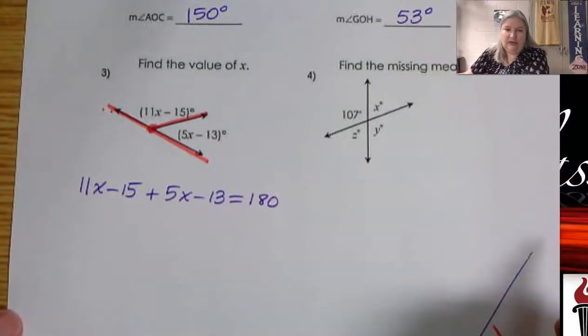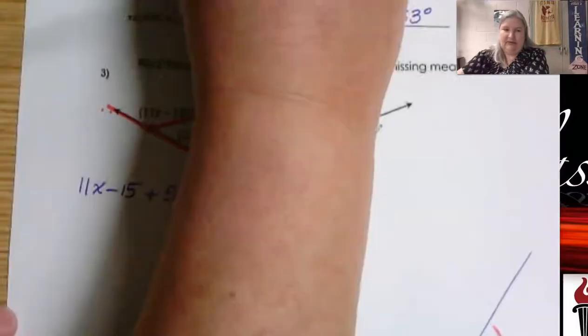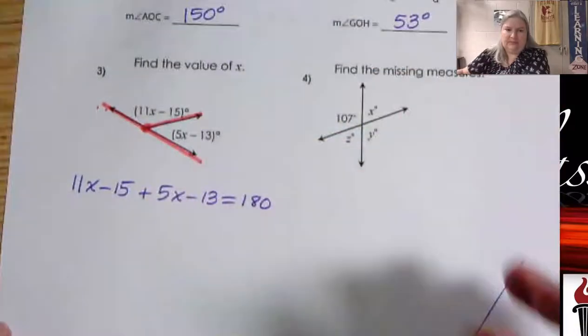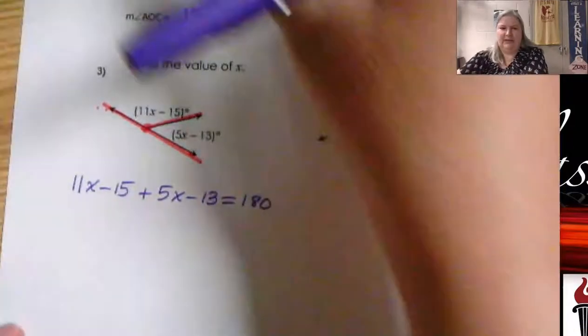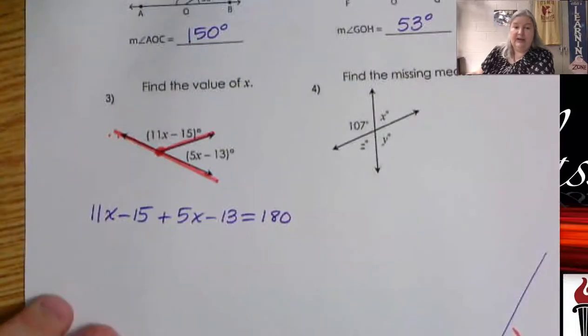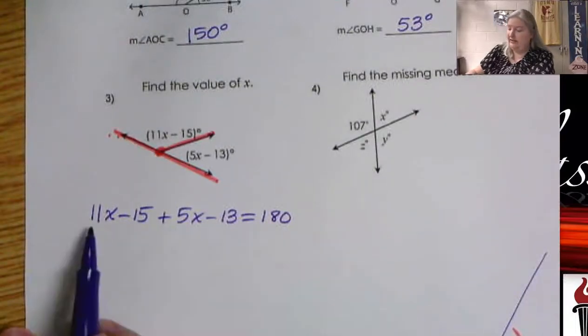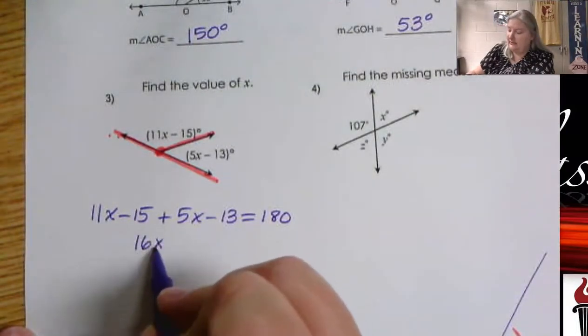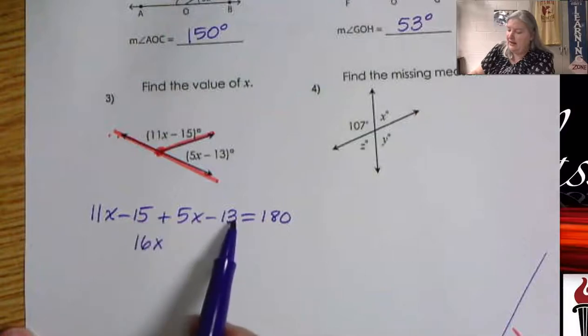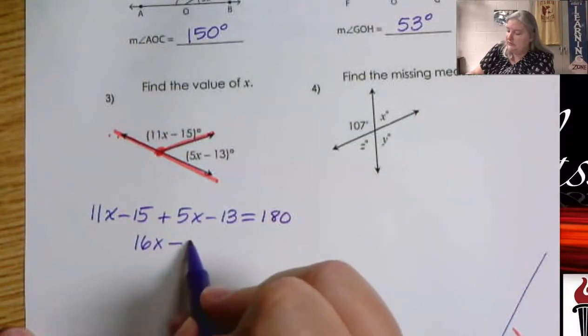So first I'm going to combine like terms. We have 11x's and 5x's, that's 16x's. Negative 15 and negative 13, that's negative 28.